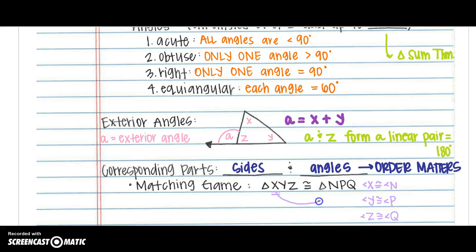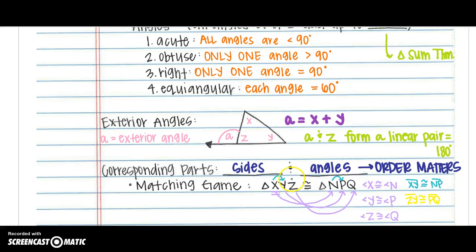Again, playing that matching game, the first goes with the first, second with the second, third with the third. Now, that sometimes gets easy, but remember, when I start to match up my sides, if I say XY, I have to put it as congruent to NP. So the first and the second goes with the first and the second. Now, can I say ZY is congruent to PQ?